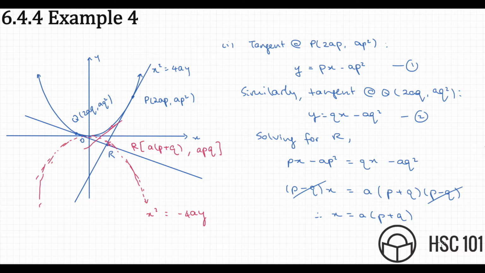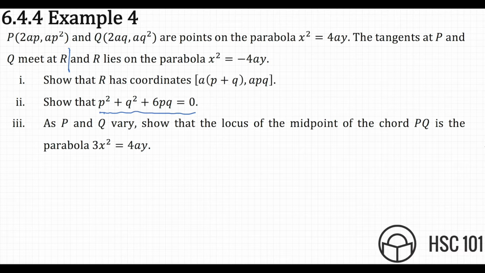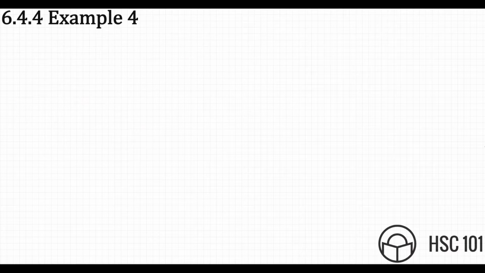Now that being said, part 3, coming back to the last part of the question: as P and Q vary, we want to show that the locus of the midpoint of the chord PQ is on the parabola 3x squared equals 4ay. So for part 3, P is given by (2ap, ap squared) and Q is given by (2aq, aq squared).